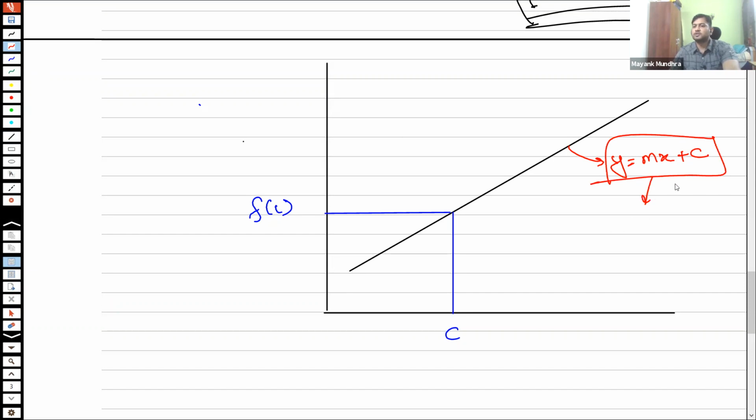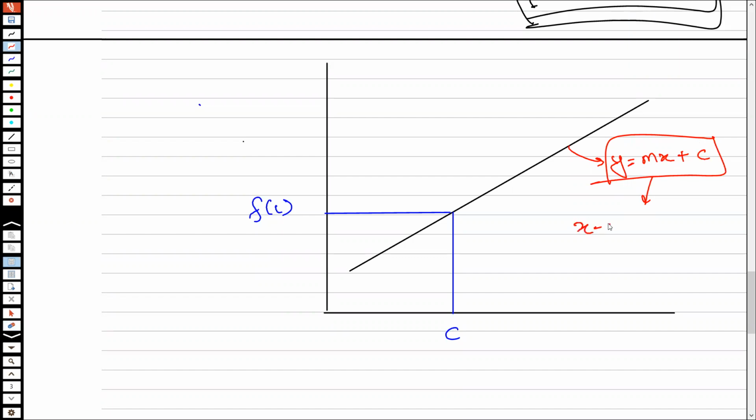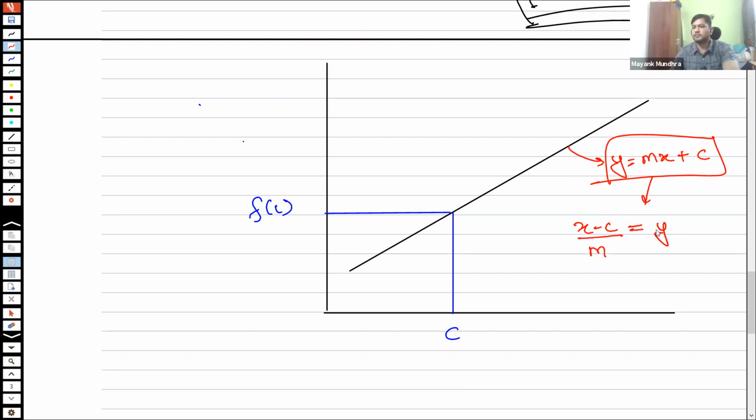So what will be the inverse of this line? Can anybody tell me the inverse of this line? So x minus c upon m. This is equal to y.